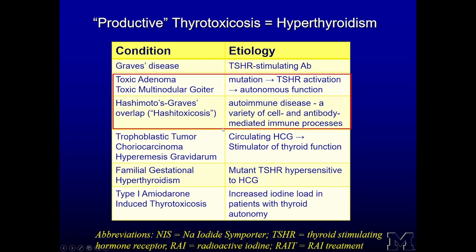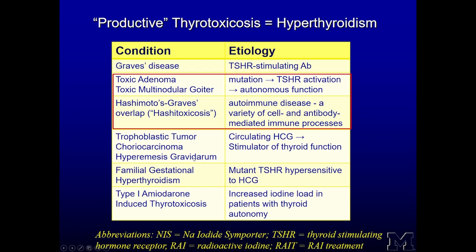Less common causes of hyperthyroidism are the presence of a trophoblastic tumor, choriocarcinoma, leading to circulating human chorionic gonadotropin that will stimulate thyroid function at the level of the TSH receptor.